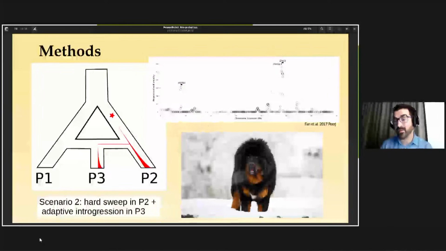They gave it to Tibetan mastiffs, right? Tibetan dogs didn't have the adaptation before, but after they mixed with Tibetan wolves, they were able to breathe under hypoxic conditions. So this will be the example of adaptive admixture. This will be called scenario 2.